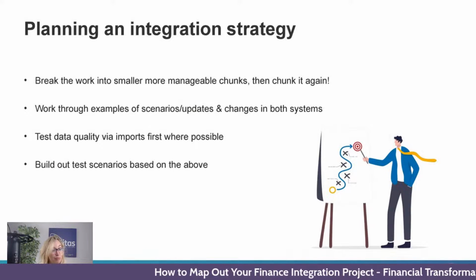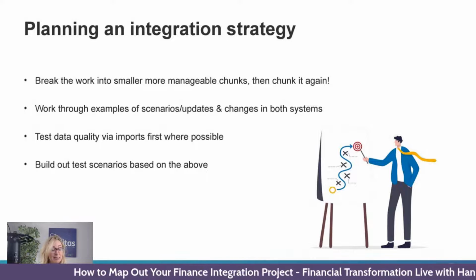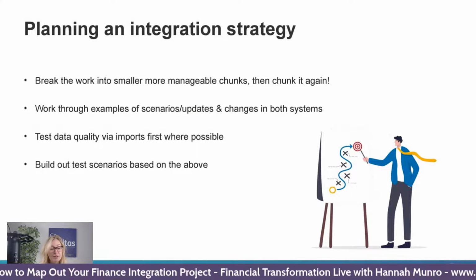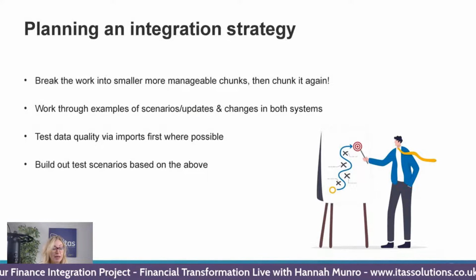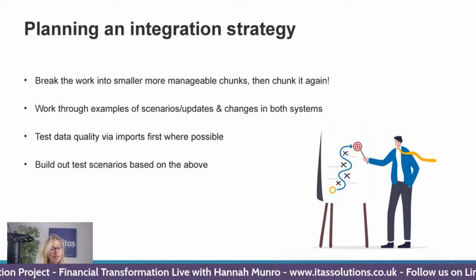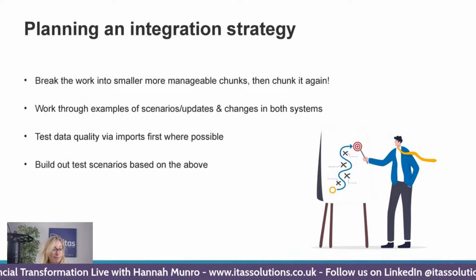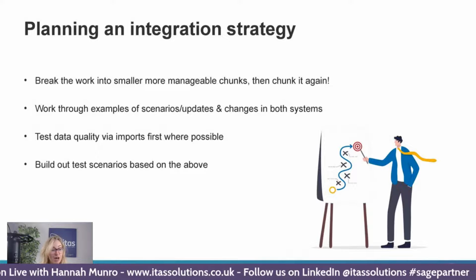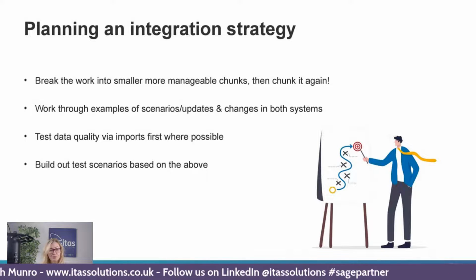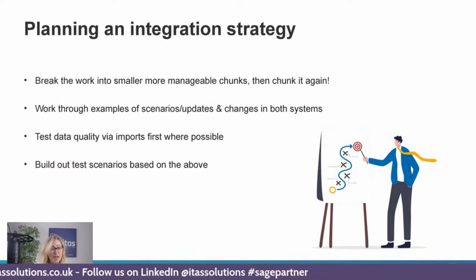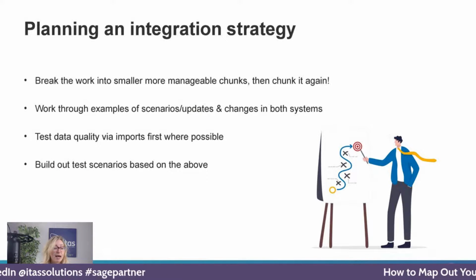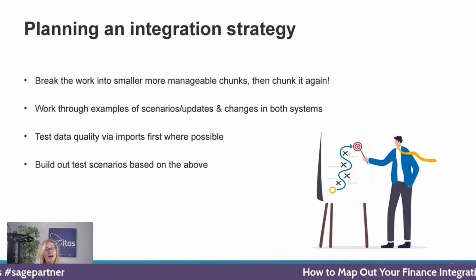We'll have to go back through an approval, but it can be edited up until it's sent to the supplier, or up until the invoice is matched to it. Once that's happened, you can't edit it. So thinking about those checks, balances, controls, thinking about your scenarios is really, really important.